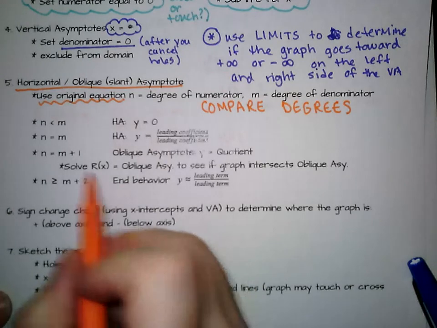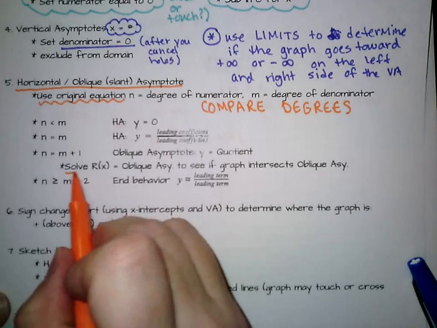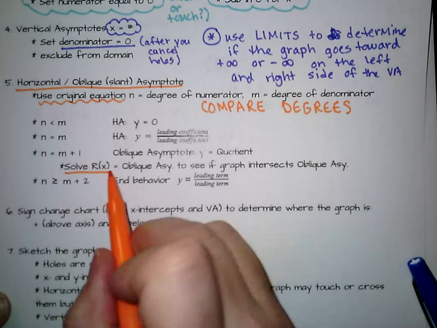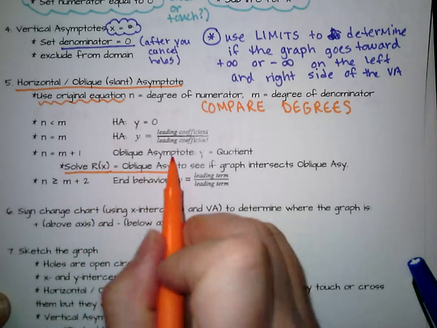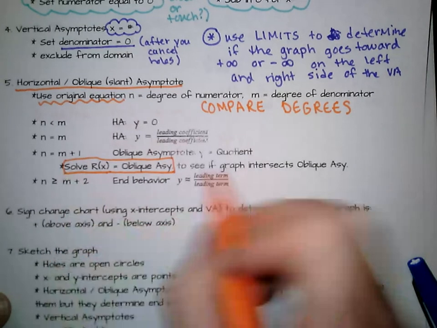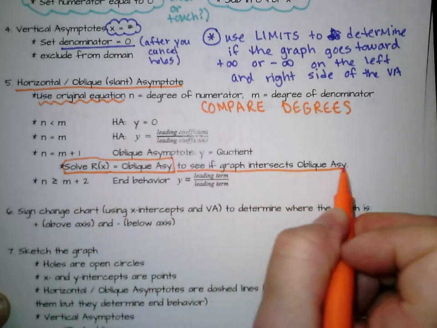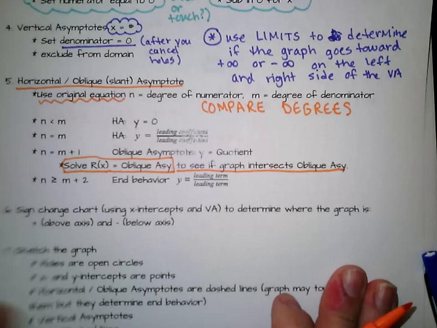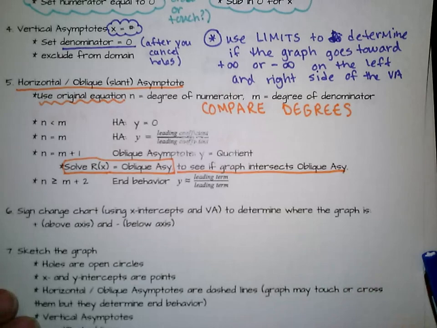The way that we check that is to solve the equation where we set our function equal to the oblique asymptote to see if the graph intersects it. Most of the time it doesn't, but it can. So if you were asked, does the graph cross its oblique asymptote, that would be how you do it. And you could do that for horizontal asymptotes as well.